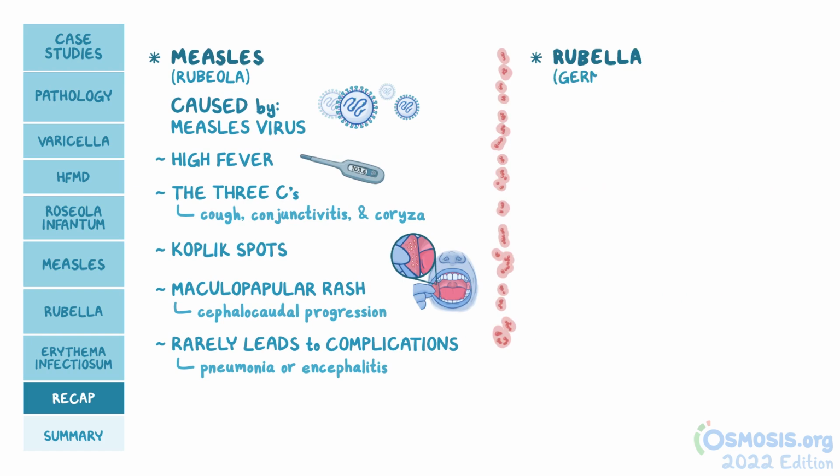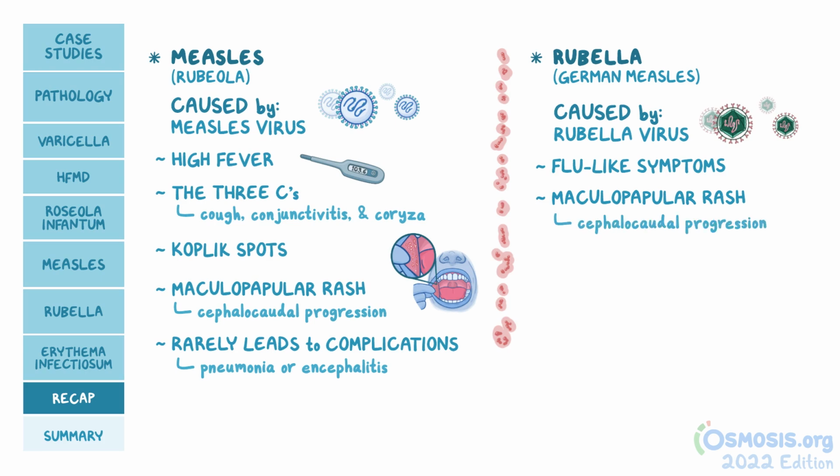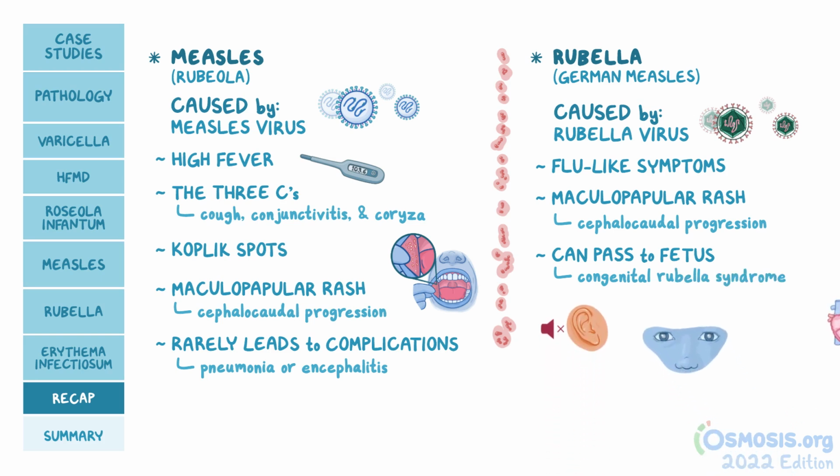Rubella, or German measles, is caused by the rubella virus, leading to flu-like symptoms and a maculopapular rash that typically spreads in a cephalocaudal progression. Rubella infection during pregnancy can pass on to the fetus, especially during the first trimester, causing congenital rubella syndrome, with the triad of deafness, cataracts, and congenital heart defects.